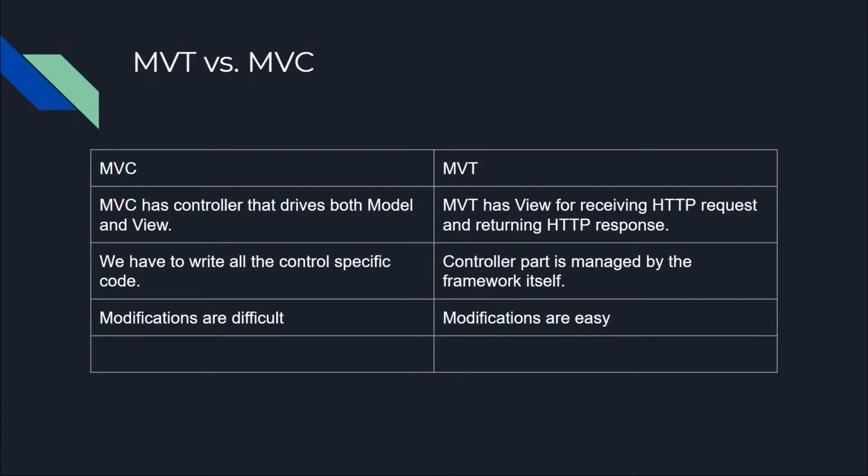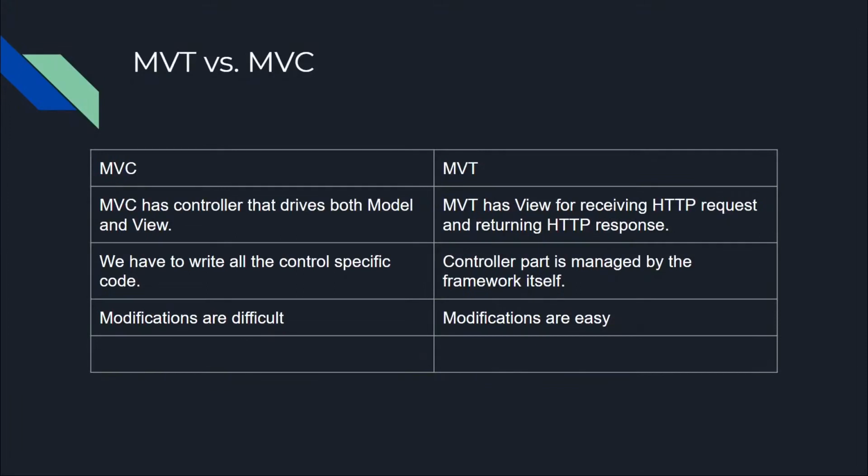Hence, we can say that the view is controlled by the controller and model. However, MVT takes a slightly different approach. When a user makes an HTTP request, the responding view performs a query on the model and collects the result set from the model. The view then fills the result in a template and sends it to the user.